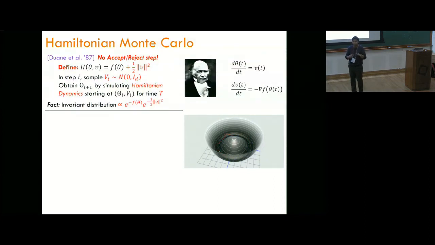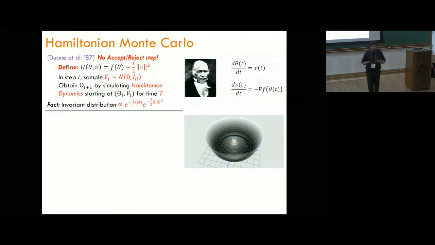The Hamiltonian is a function of both the position, which is theta, and the velocity, which is v. So it splits because right now the Hamiltonian that I have defined, the potential energy and kinetic energy don't interact. So you can just split it into two. It's a product of this.